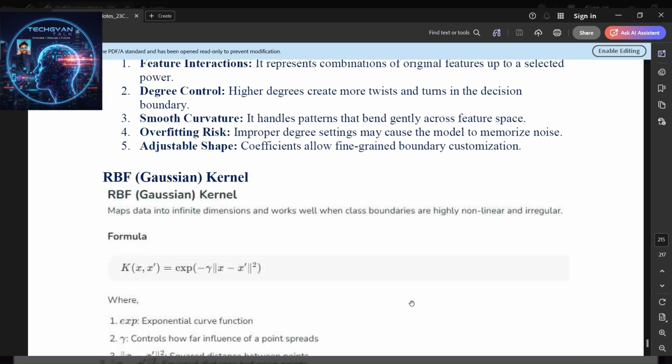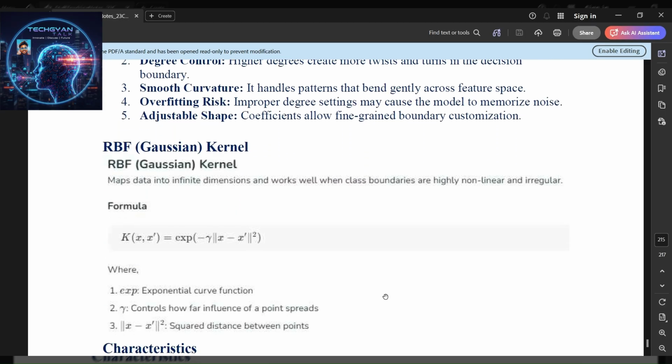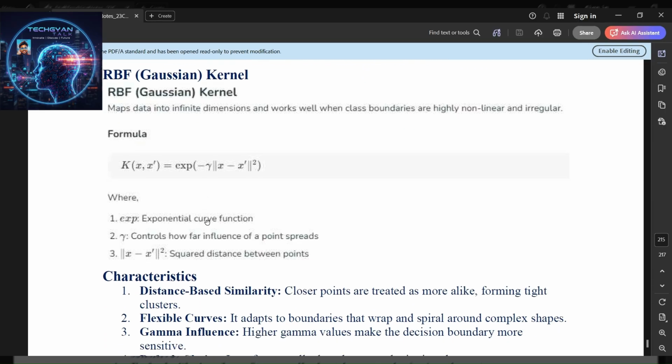Next is the RBF or Gaussian kernel. It maps data into infinite dimensions and works well when class boundaries are highly nonlinear and irregular.